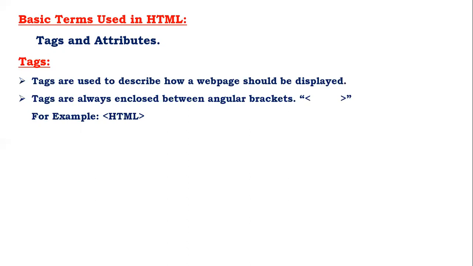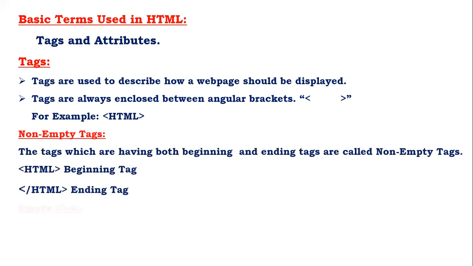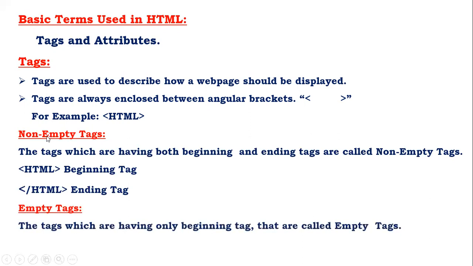Let us see the different types of tags. There are two types of tags, that are non-empty tags and empty tags. Non-empty tags are the tags which have both a beginning tag and an ending tag.